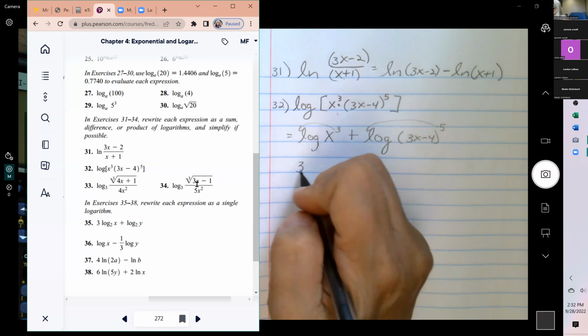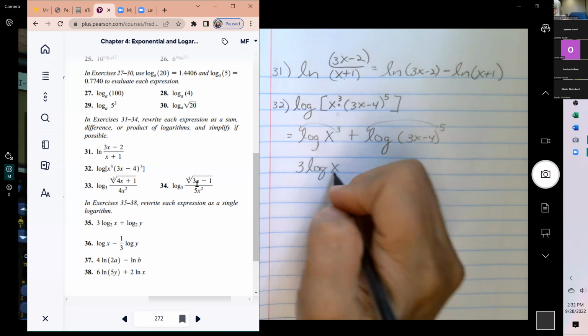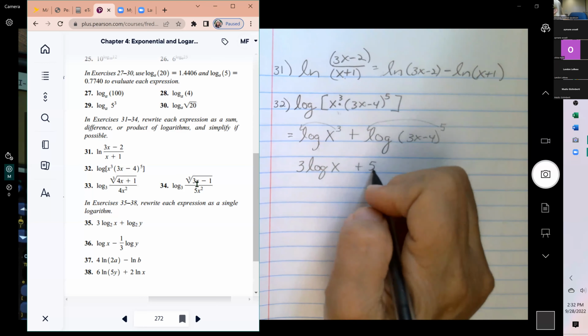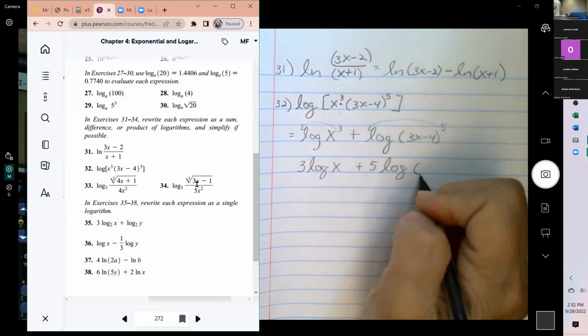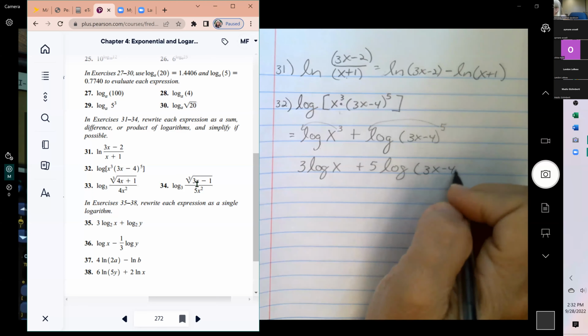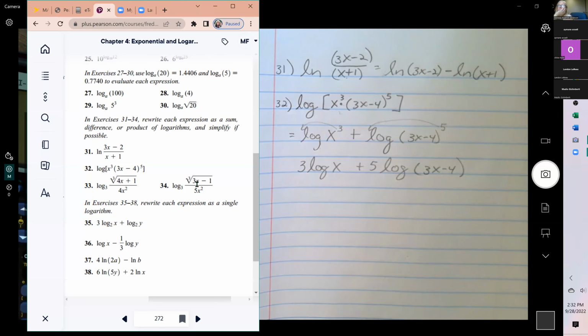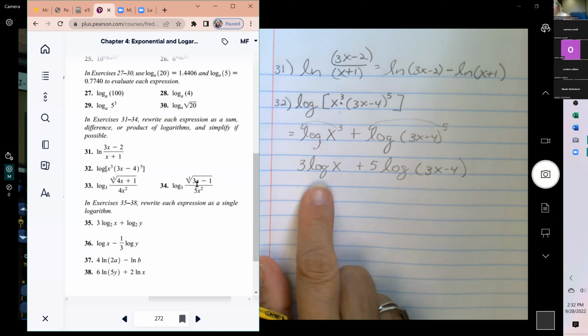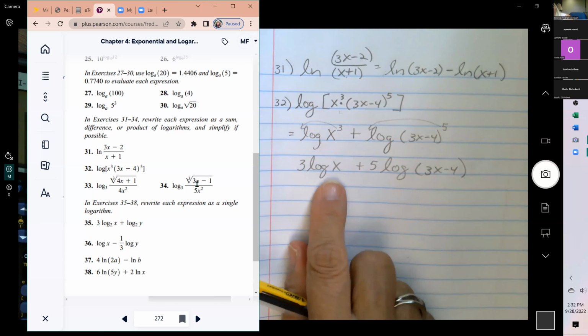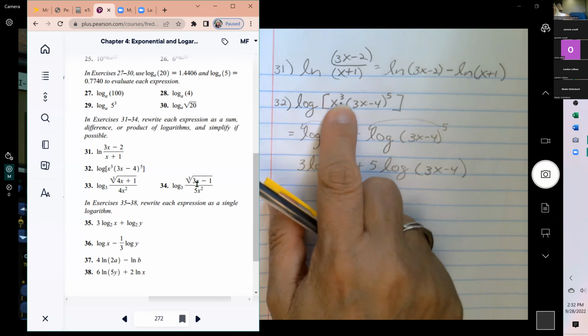So it's 3 log of x plus 5 log 3x minus 4. So when it's asking you to break them up into sums and differences, you want no more multiplications like this one and no exponents.